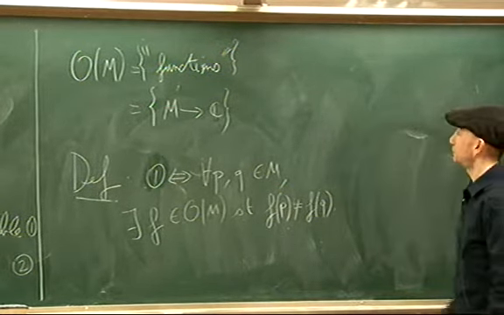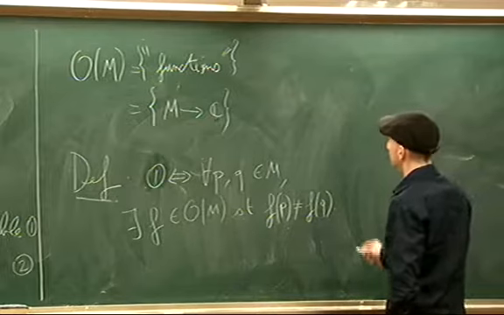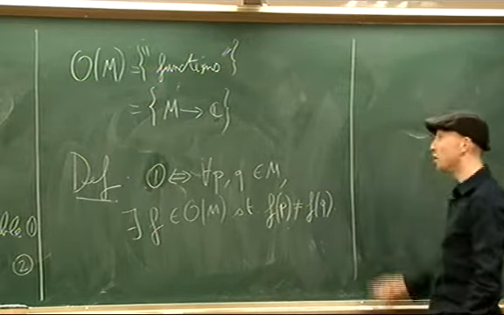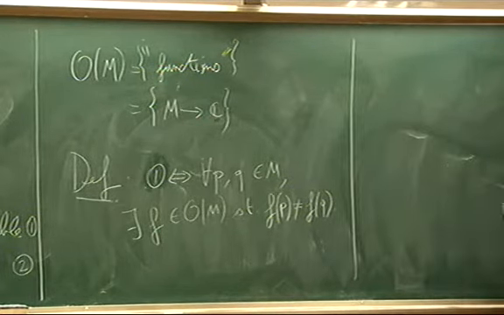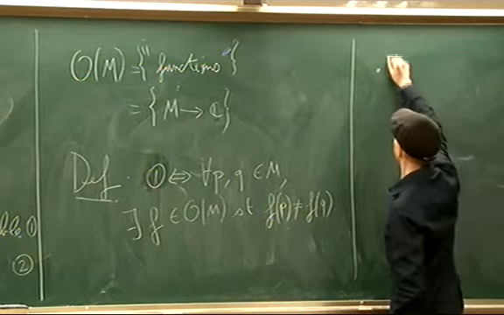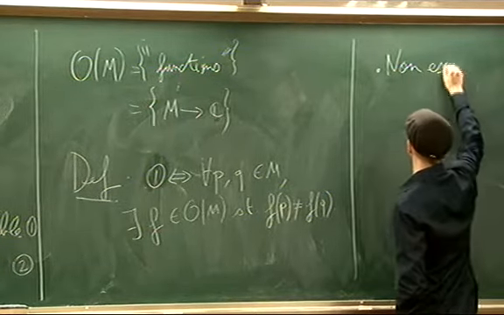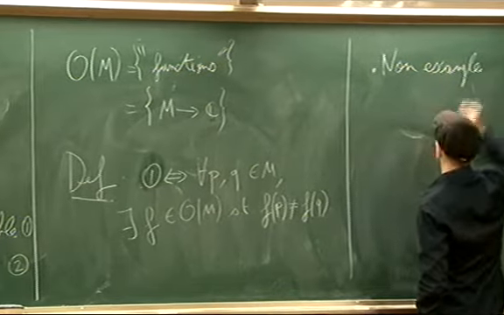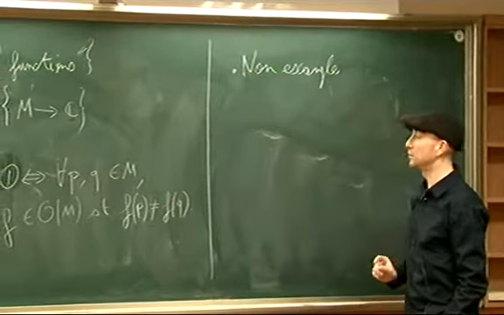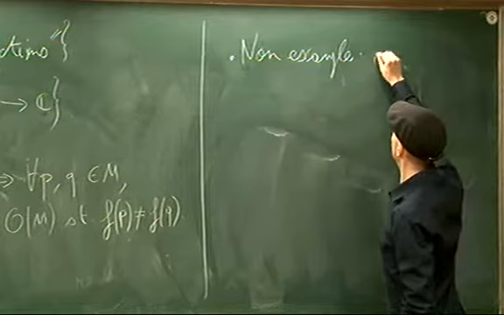So a typical non-example, the most typical non-example of holomorphically separable manifolds, is when M is compact.